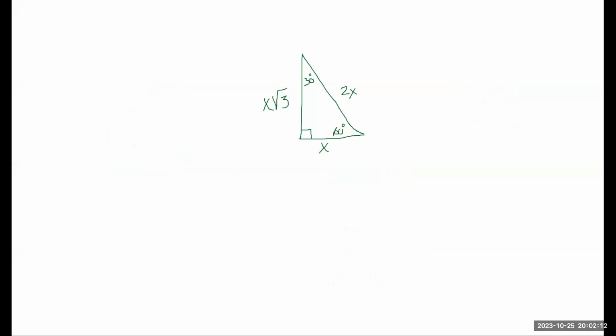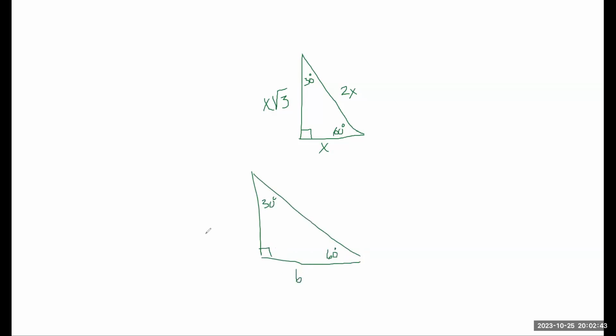So in the problem that you have on your notes, nice right triangle I just drew. Okay, this is 60 degrees. This must be 30 degrees. And this is 6.